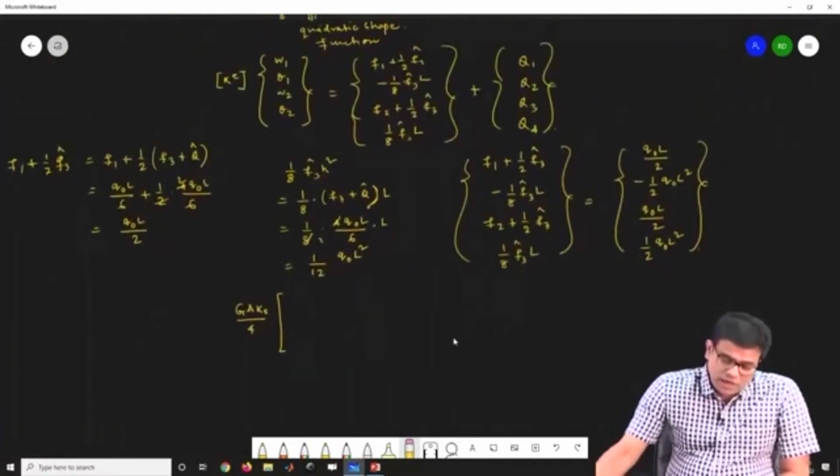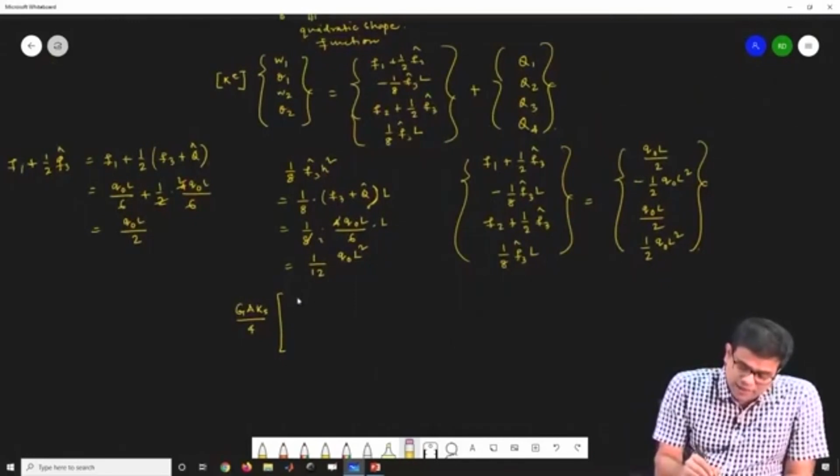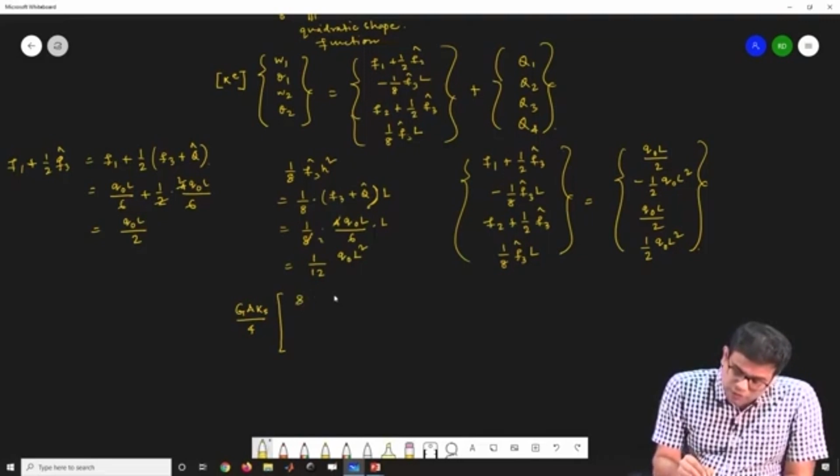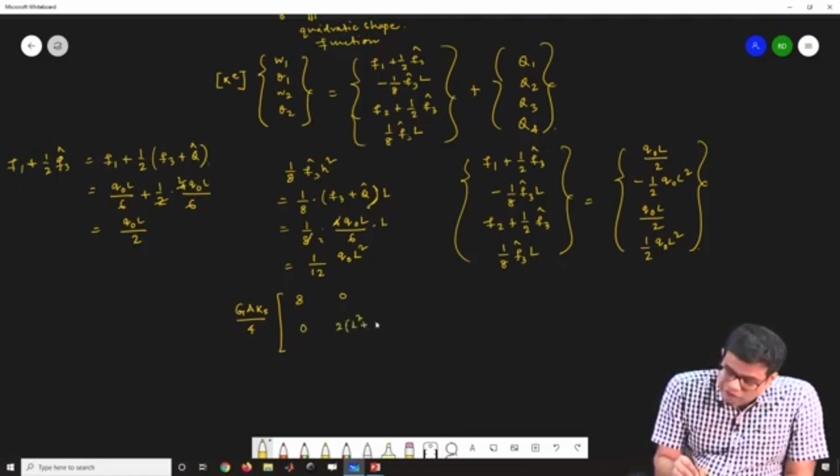Now here what I will have is that the form will be same, 8 0 and 0 2 into L square plus alpha.